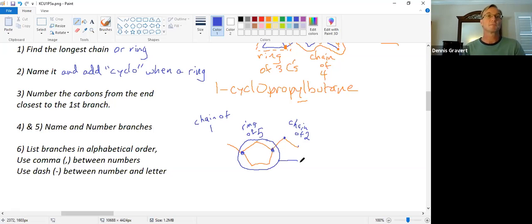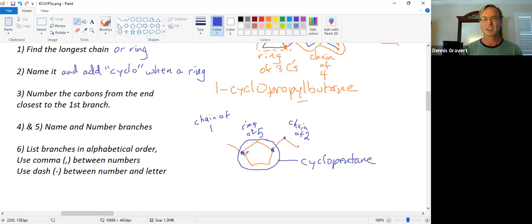And now we'll jump to step 2. The parent is a ring of 5, which is pentane, but add the prefix cyclo. And we got the parent name cyclopentane. That's step 2. Step 3, number the parent carbons from the end closest to the first branch.